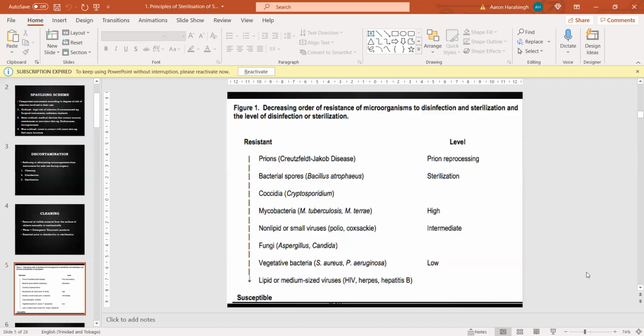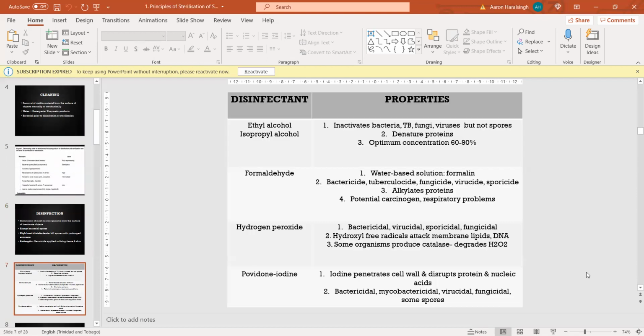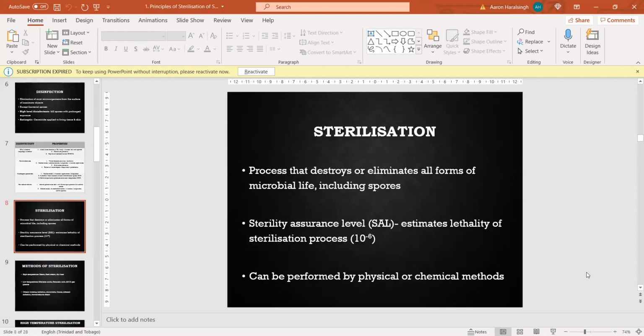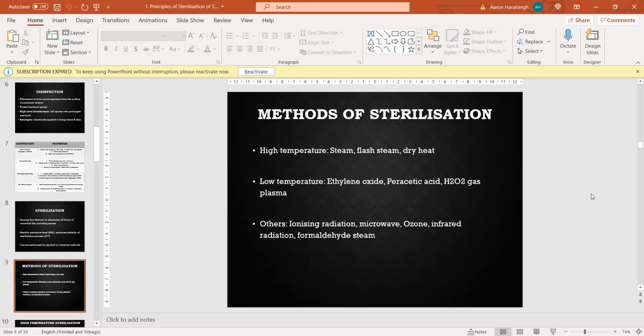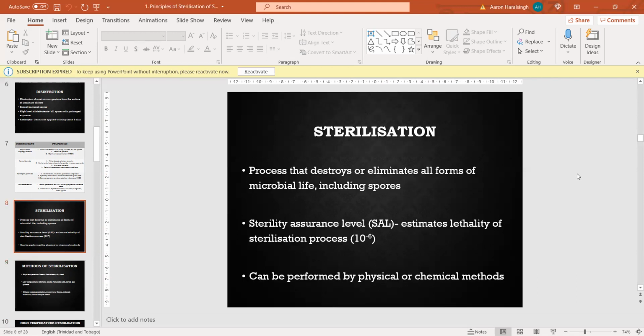So there are a number of methods of sterilization, and we can classify them as either physical methods or chemical methods. These physical methods we can then further classify as either thermal or heat methods, radiation methods, or filtration methods.